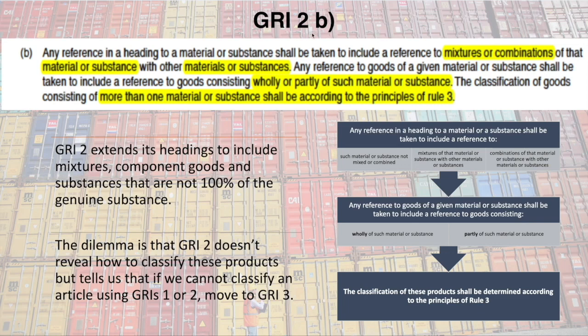This means that in the text of the headings of the Harmonized System, when referring to a material as such, it is understood that this text also includes such material mixed or associated with others.